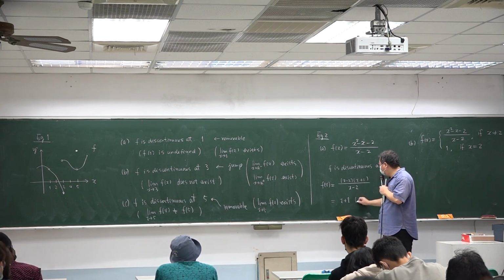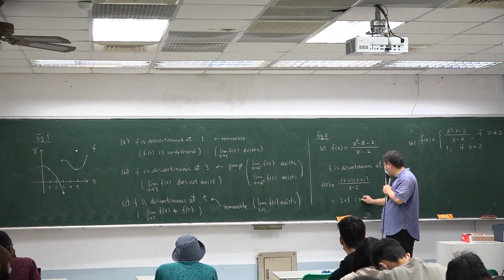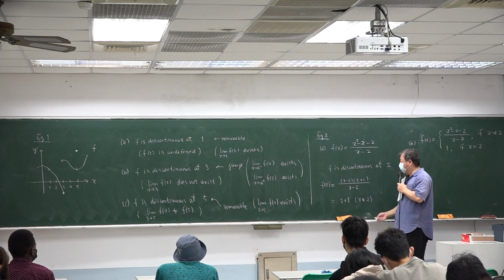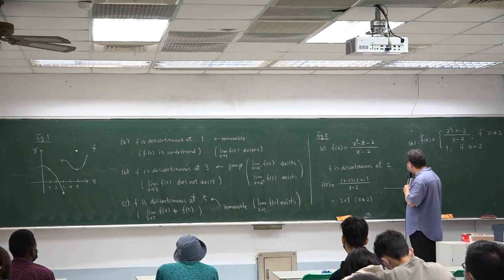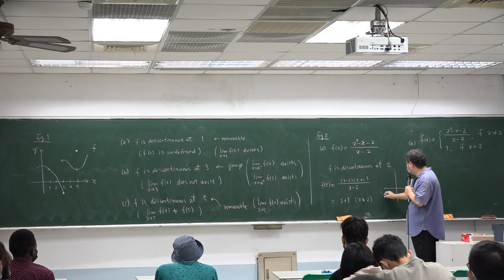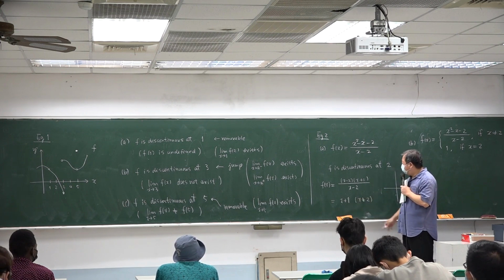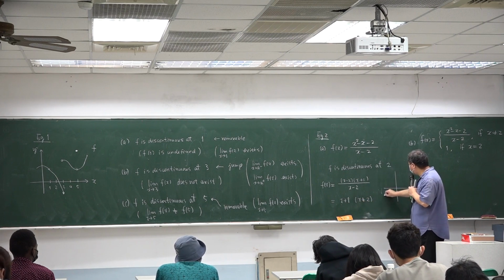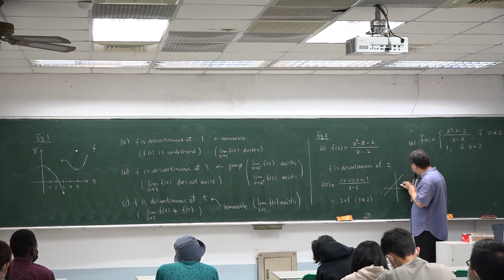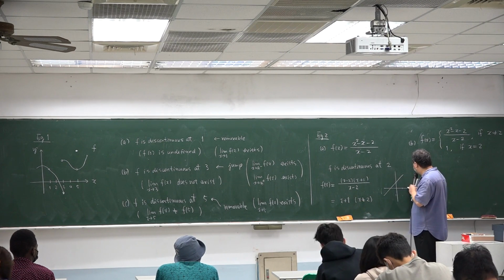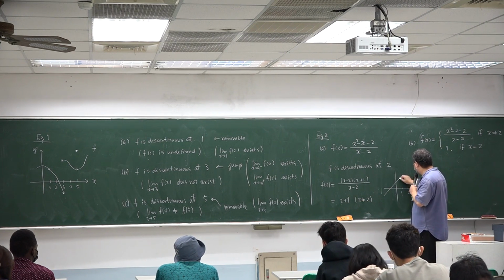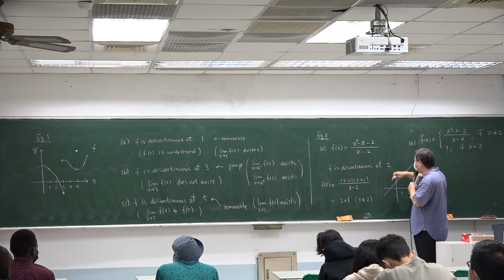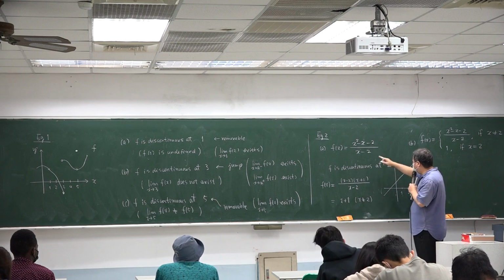So we have to add this condition. And therefore, the graph of this function is a straight line with slope 1 and y-intercept 1. This is the function here.